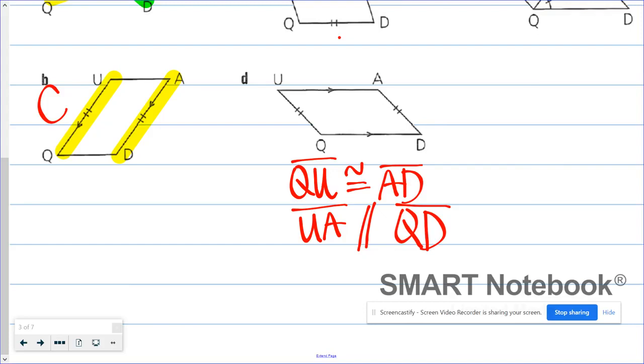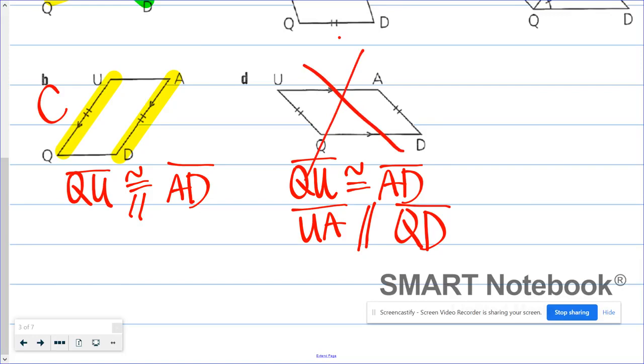If you were thinking it was, in B, this is where we had one pair of opposite sides that was parallel and congruent. So it was the same pair of opposite sides. In this quadrilateral in D, we don't have that. One pair of opposite sides is parallel, one pair of opposite sides are congruent. It's not the same pair, so this is not a parallelogram.